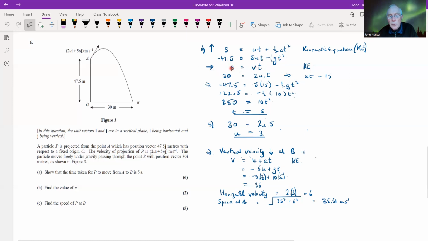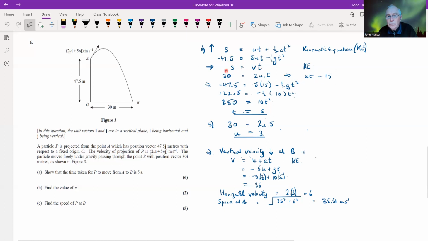Where are we going on this one? If we look at the horizontal, S equals vt. The horizontal distance 30 is equal to 2u times t, meaning ut equals 15.